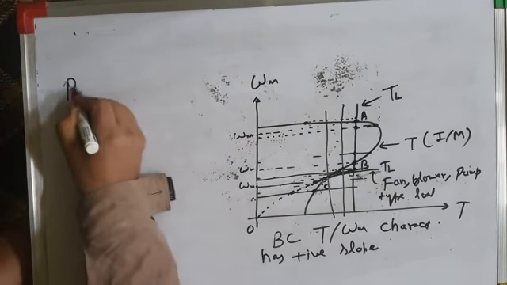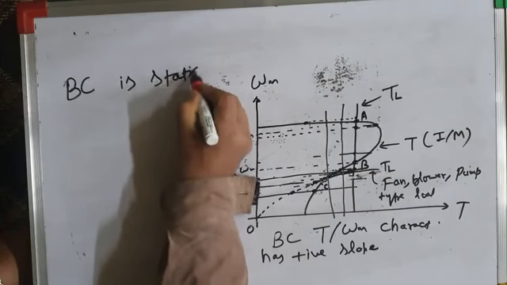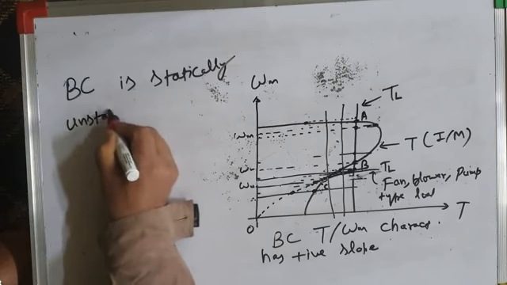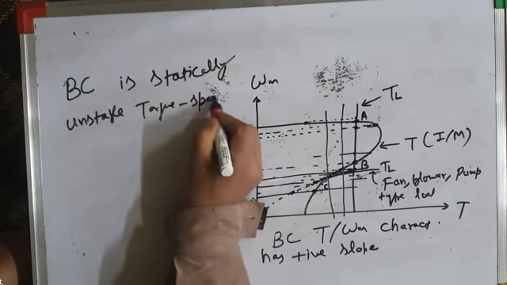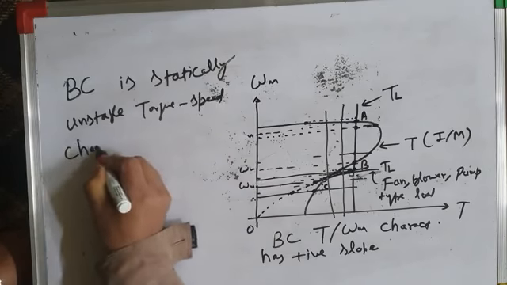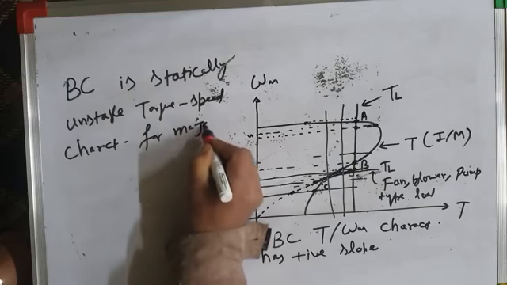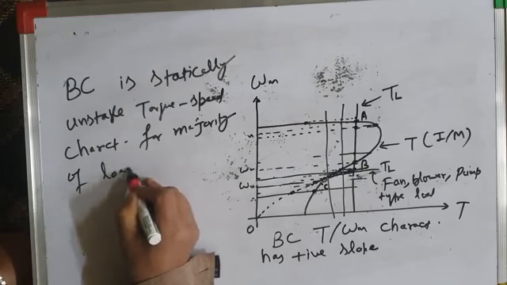So therefore BC is called a statically unstable torque speed characteristic for the majority of loads, except for a few loads. But for the majority of loads, it is an unstable operating point.